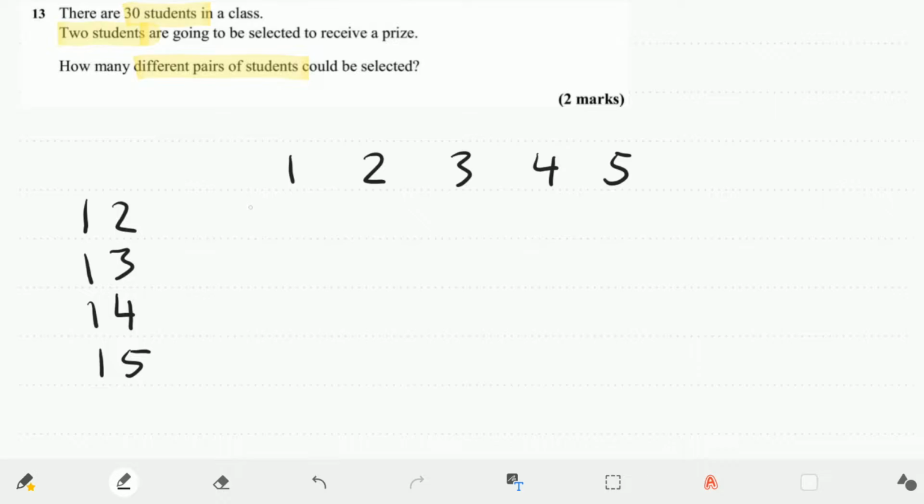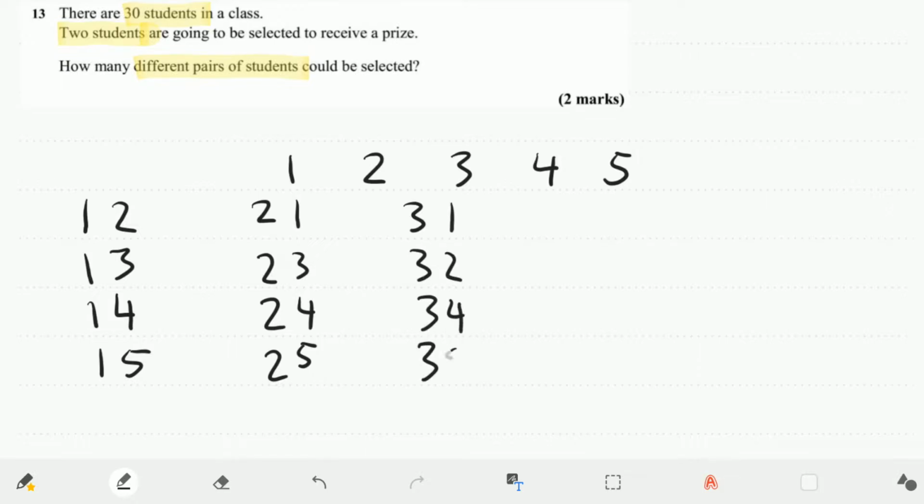Now, if student 2 was one of the winners, then we could have student 2 paired up with 1, 3, 4, and 5. For the number 3, it would be 1, 2, 4, and 5. You can probably see where this is going. Person 4, it'd be 1, 2, 3, and 5.